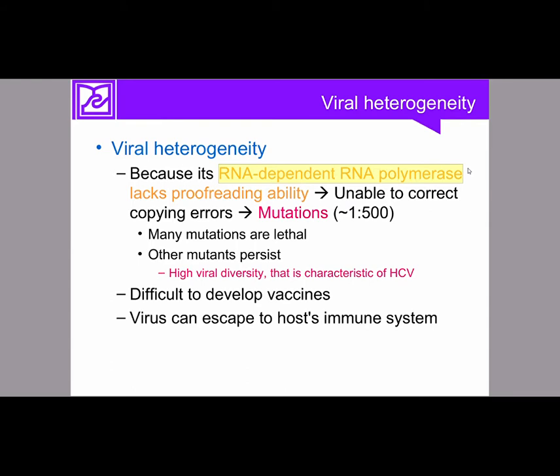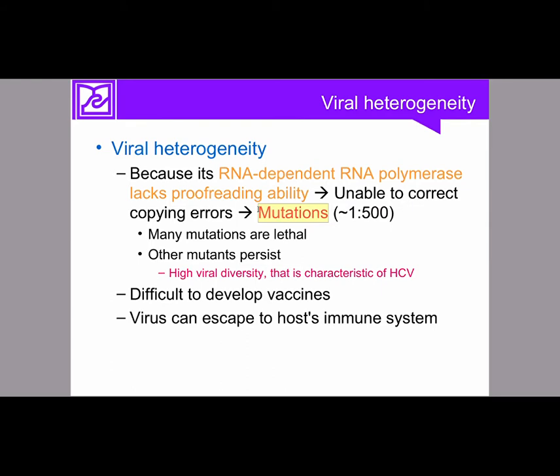This enzyme makes many mistakes during replication. This enzyme is not able to correct the mistakes during replication. So there are many mutations after replications, many. 1 every 500 nucleotides. This is a very high likelihood of mutation. The enzyme is not very good, and this is a problem.